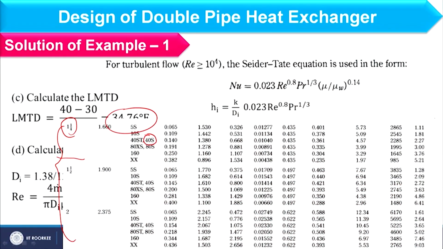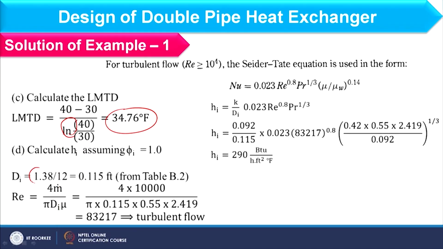Schedule number 40 is available over here, and the fifth column corresponds to inner diameter. This is basically the thickness of the pipe corresponding to schedule 40. So, here Di should be 1.38, fine. So, I already have 1.38 as inner diameter, and that is in inches.